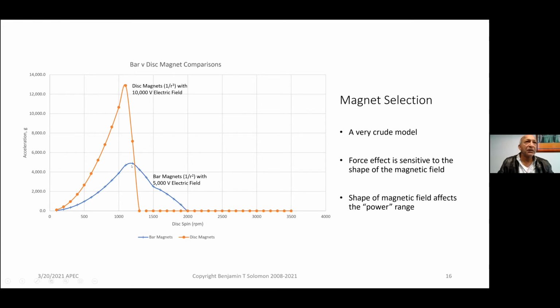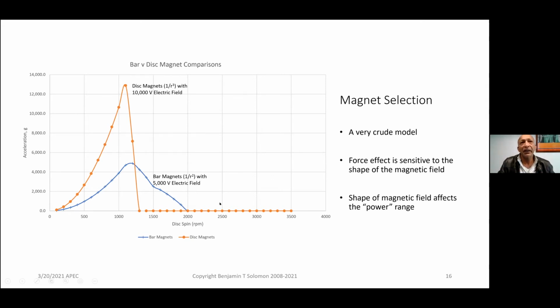The other thing we noticed is that for a bar magnet the peak is at about 1,200 RPMs, and for a disc magnet the peak is greater, but it's at 1,100 RPMs. Beyond that, there's no effect.